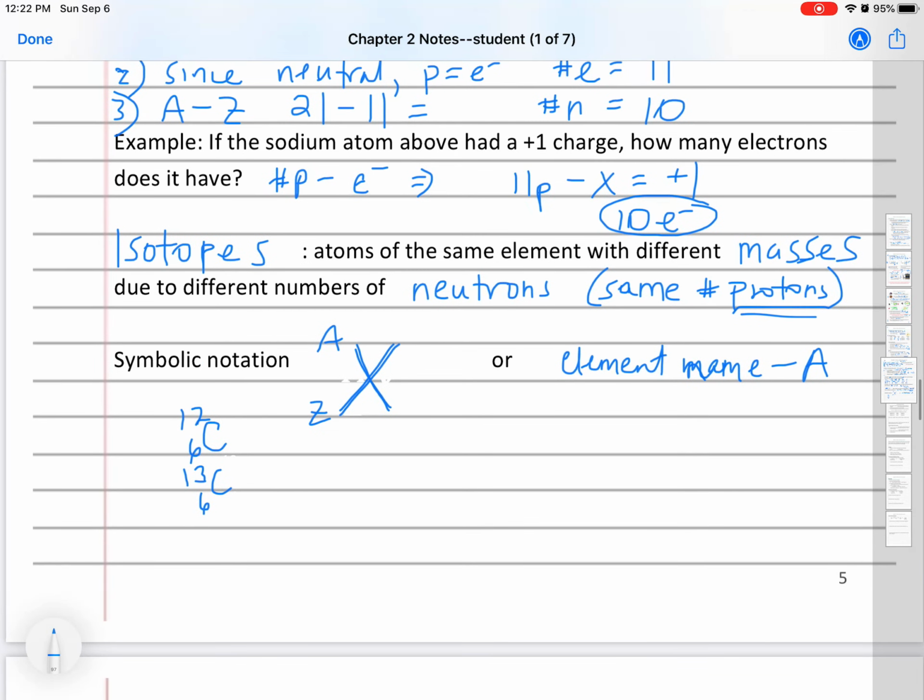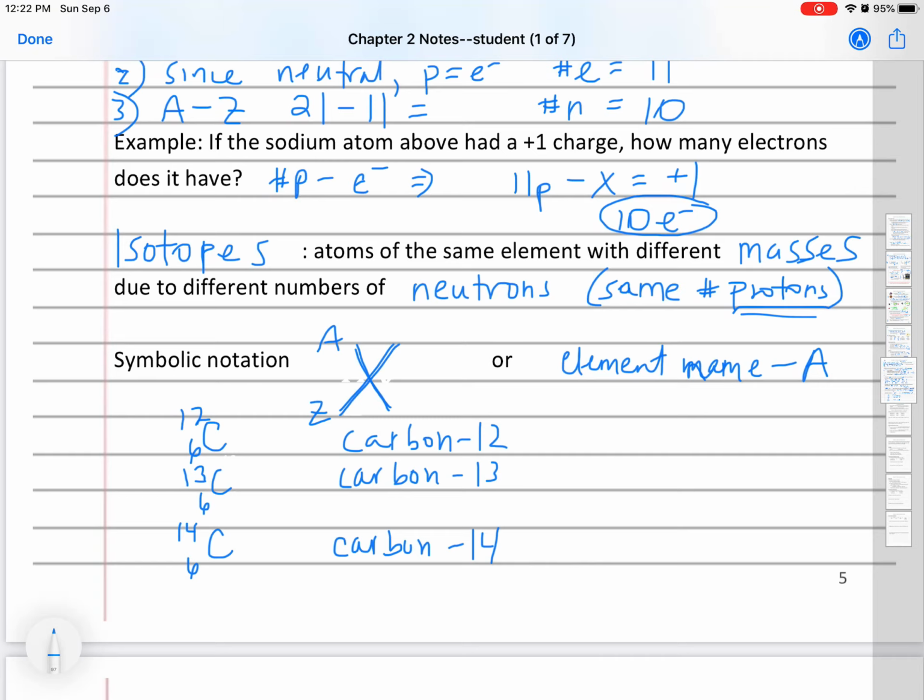And there's also carbon 14. So these are 3 isotopes of carbon. We can call this one carbon 12, this one is called carbon 13, and this one is called carbon 14.